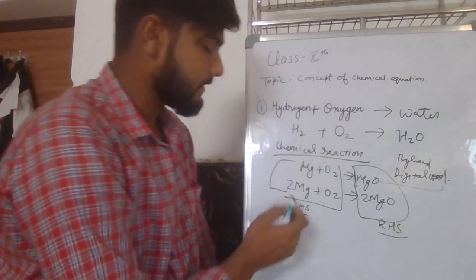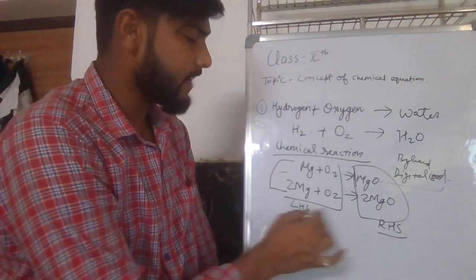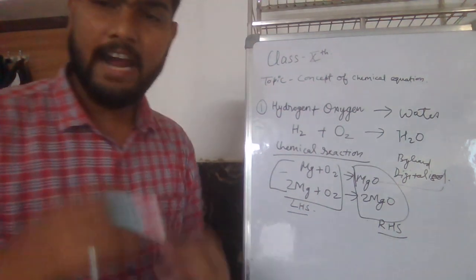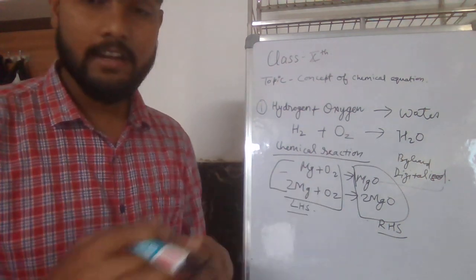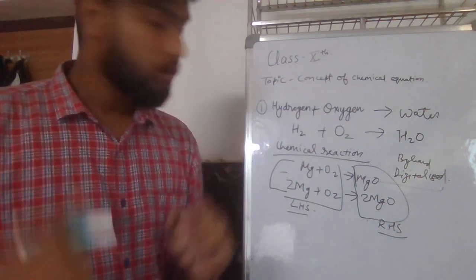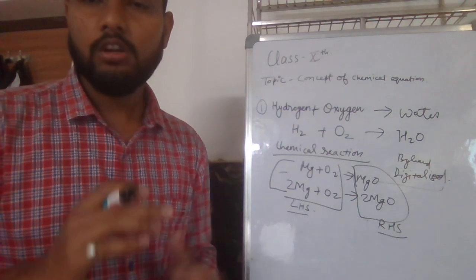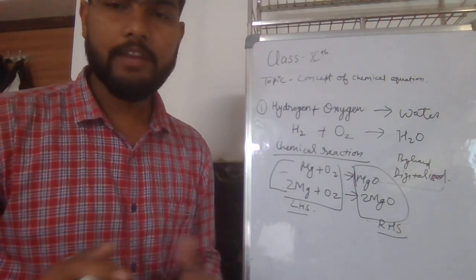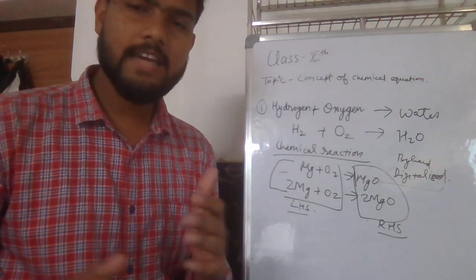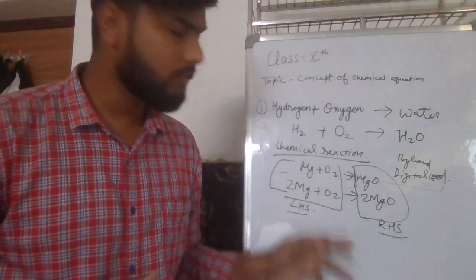Now we will discuss the types of chemical equations: balanced and unbalanced chemical equations.